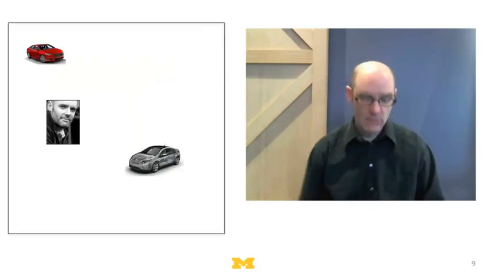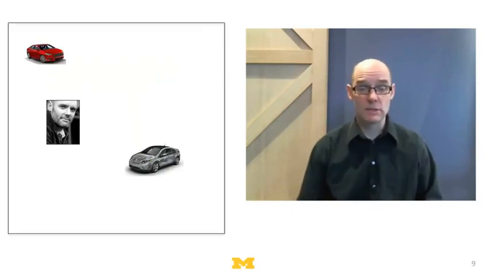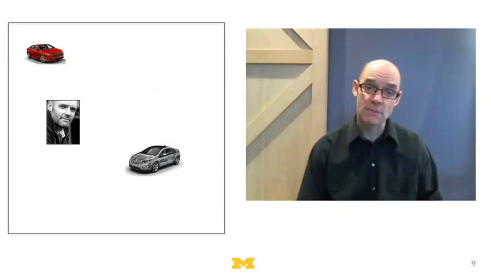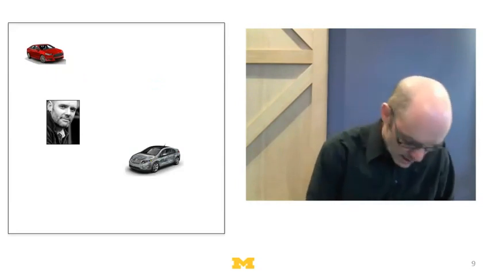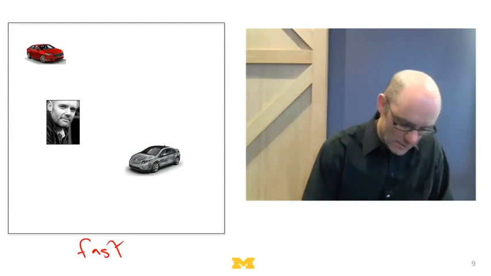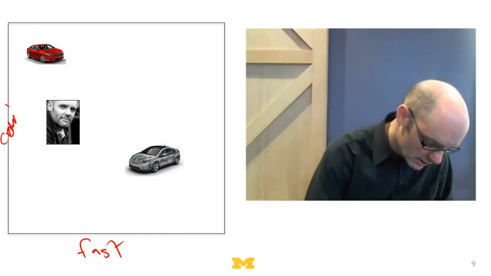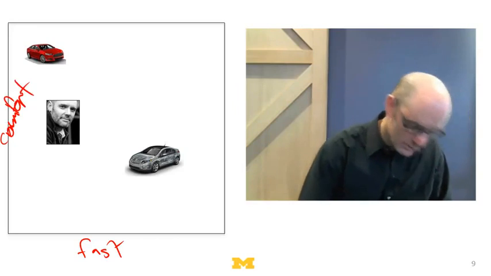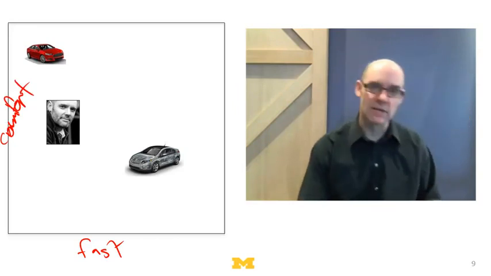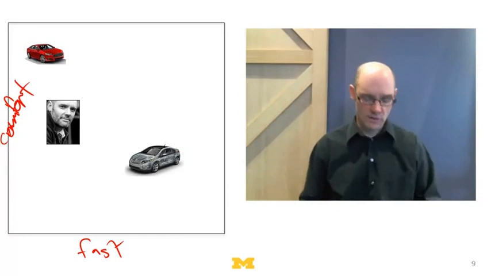Now, alternatively, you could have a spatial model. In a spatial model, you could have an ideal point. There could be a couple of dimensions. One might be how fast the car goes, the speed of the car, and another might be how comfortable it is. I could want a car that's moderately comfortable. Maybe I don't want it to be too comfortable because I'd fall asleep in the car.